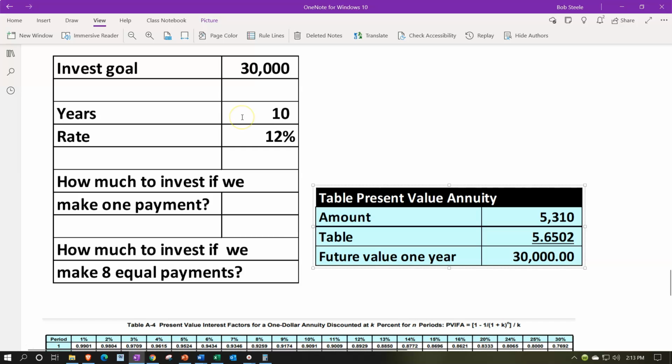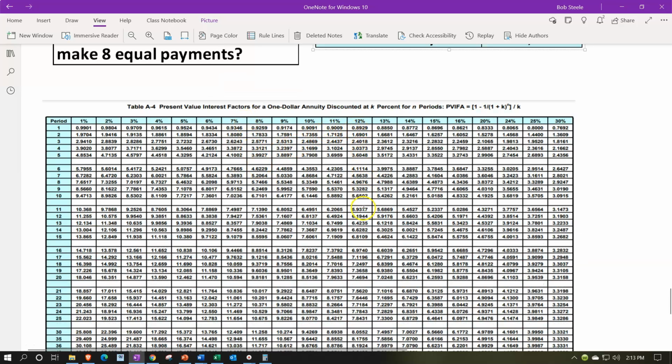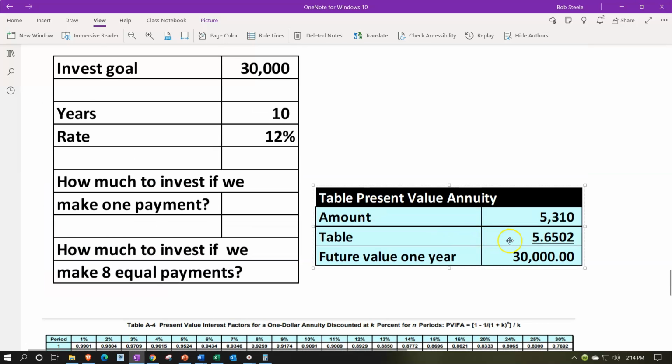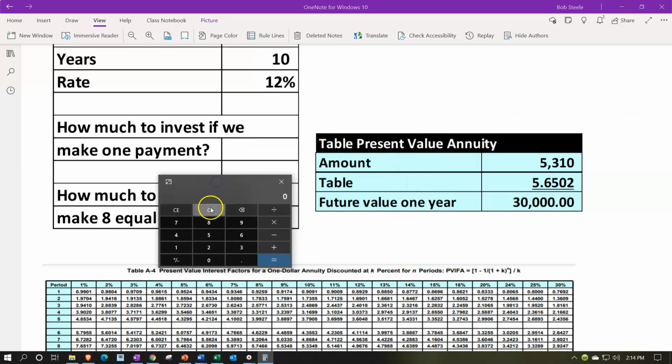In other words, the amount on the table should be 12% and 10, which is the 5.6502. If I know the 30,000 and the 5.6502, I can back into the payment amount. Usually it's going to be this times this equals 30,000. Now we know the bottom two numbers.